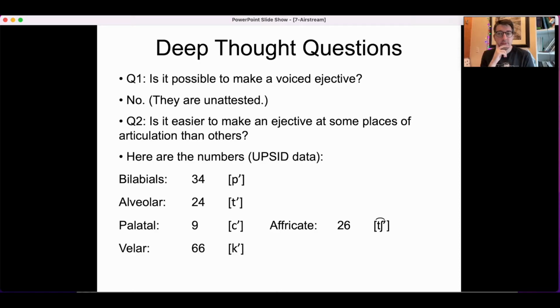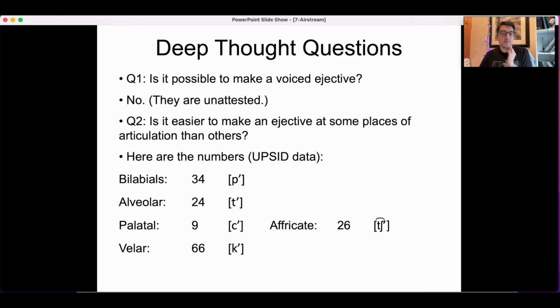So we have 34 bilabials, 24 alveolars, 9 palatals, and 66 velar sounds. There are also 26 affricates or languages that have these sounds. So from this, you can infer that basically towards the back of your mouth it's easier.